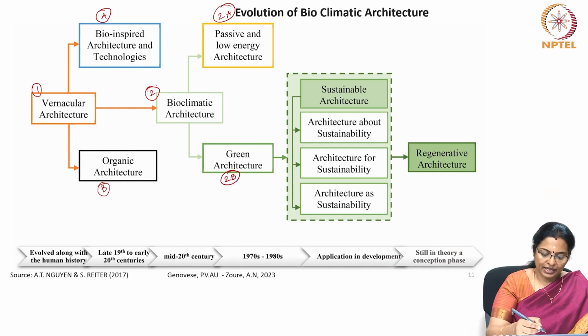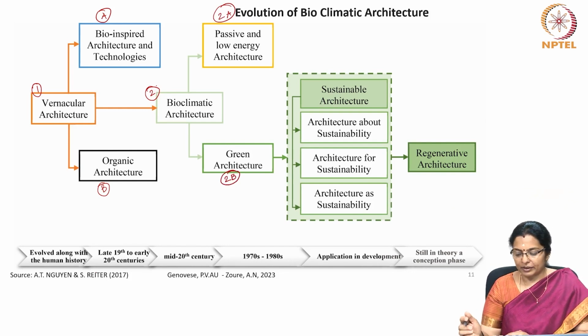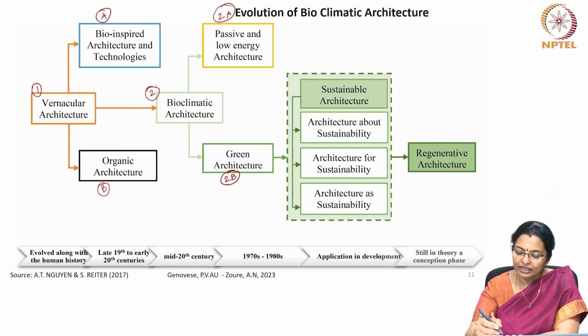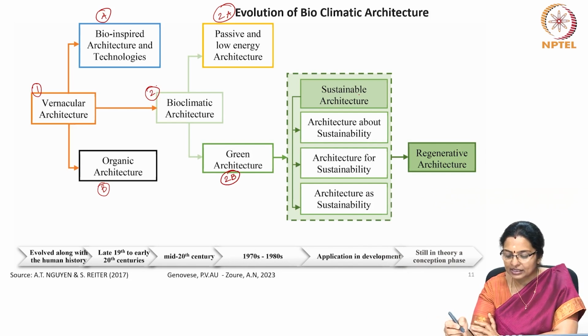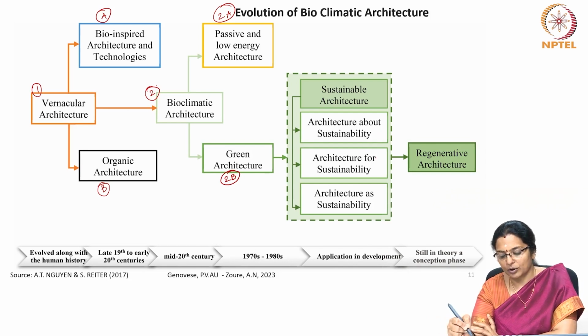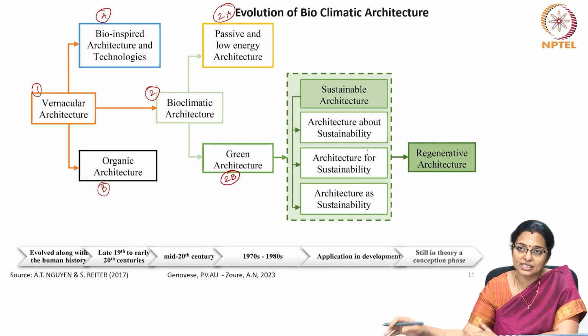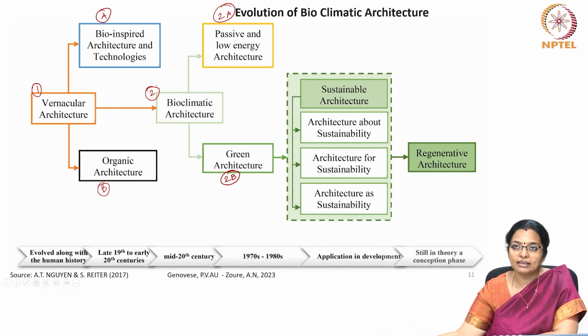So if you see how it is periodically evolving, the green architecture leads to sustainable architecture, architecture about sustainability, architecture for sustainability, architecture as sustainability, and then it culminates, or the future is in regenerative architecture.